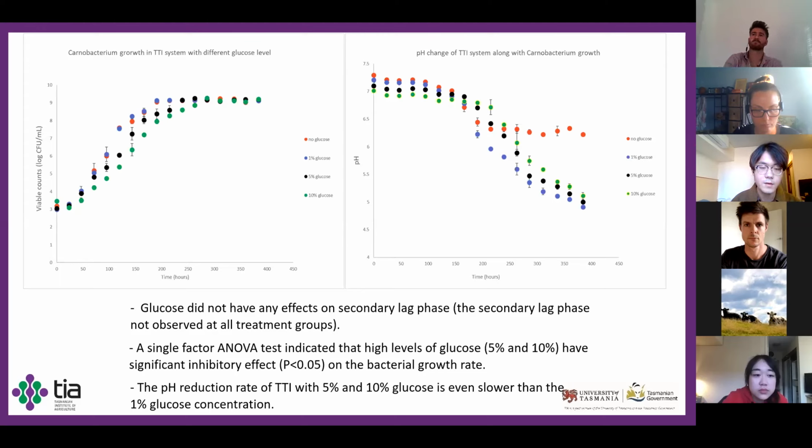And we can also find the high levels of glucose, which are 5% and 10% glucose, have a significant inhibitory effect on the bacterial growth rate. Even the pH reduction of the higher glucose concentration groups is slower than the 1% glucose one.